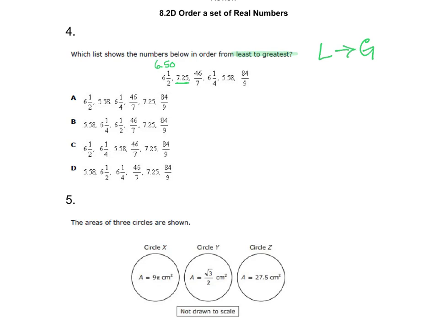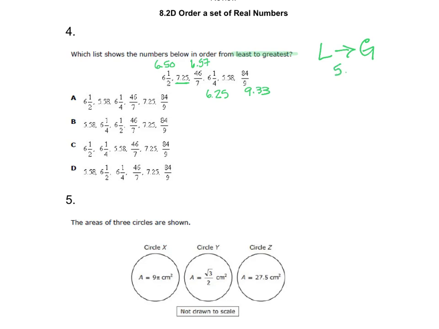So 46 divided by 7 is 6.57. 6.25 is 6.25. And then 84 divided by 9 is 9.33. So now I'm going to put them in order from the smallest to the largest.